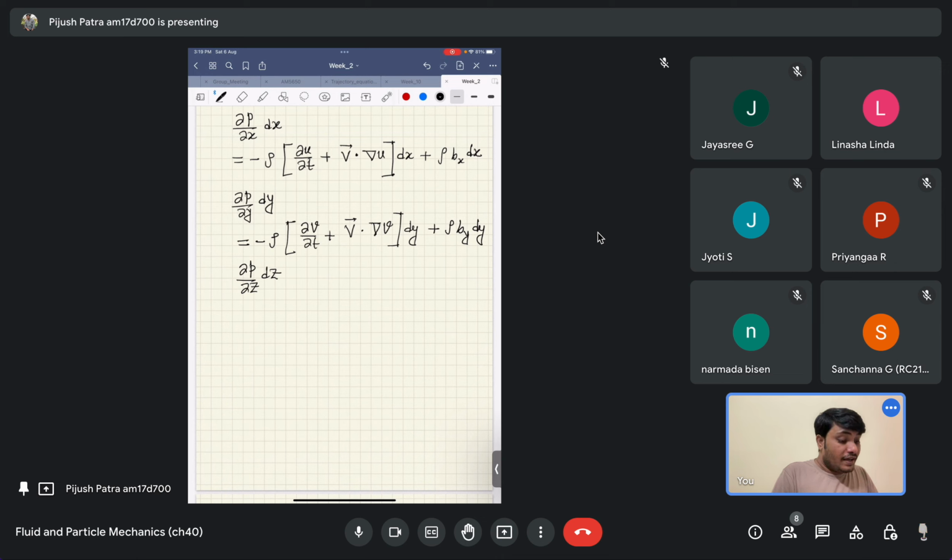Here the u is replaced by v from this to this, so here it will be with the w, because the velocity in the z direction is w, so it is ∂w/∂t plus v dot grad w into dz plus rho b_z into dz.